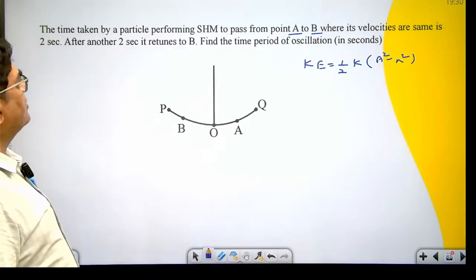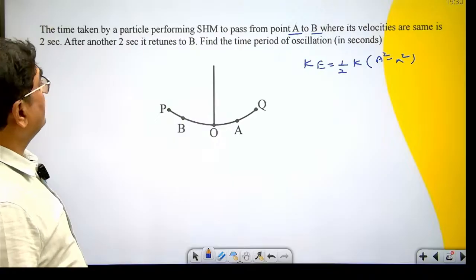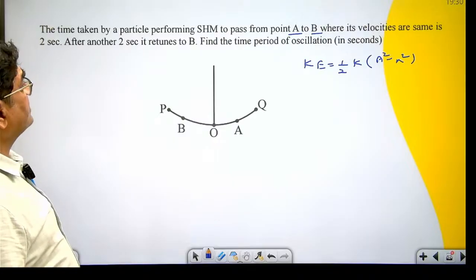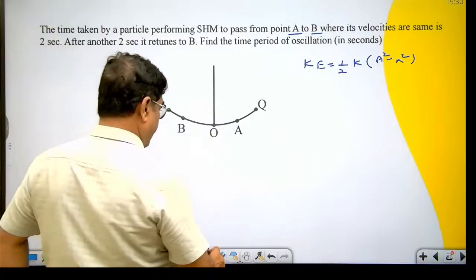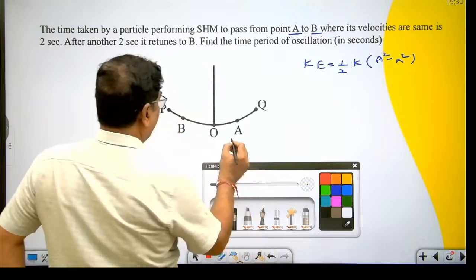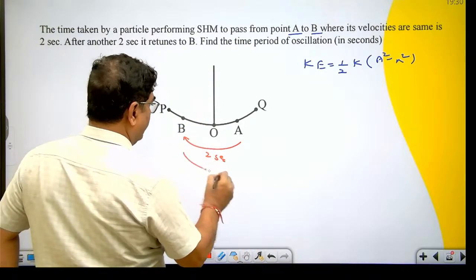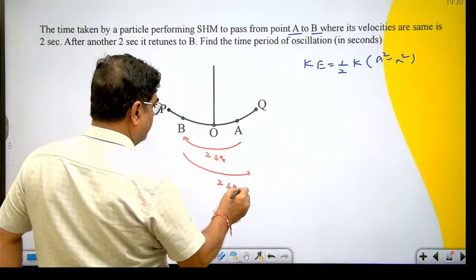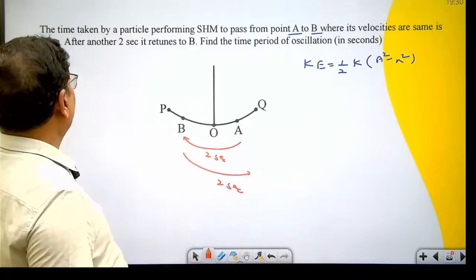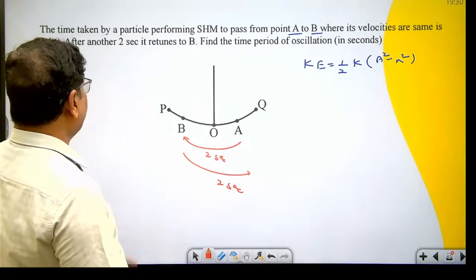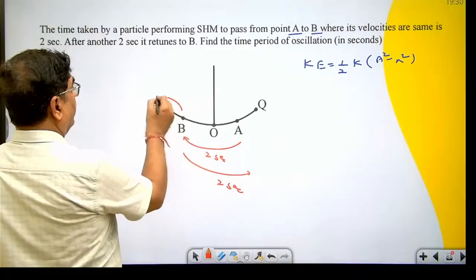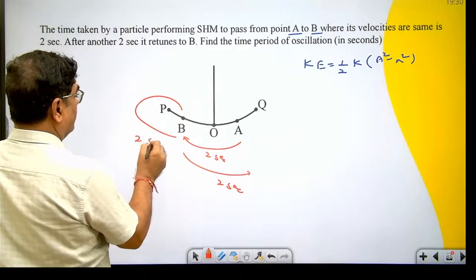Dear student, the time taken by the particle performing SHM to pass from point A to B is 2 seconds, which means B to A will also be 2 seconds. Now, after another 2 seconds, it returned to B, from here to here. This is 2 seconds.